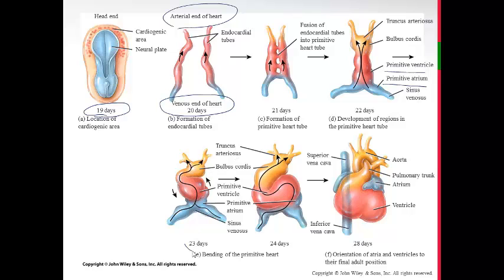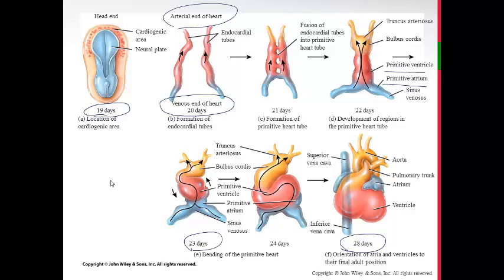And by day 23, everything is developing so quickly. By day 28, at the beginning your ventricle is here, but they're in the right place by day 28. Your primitive atriums are here, and they've gone to the right place as well.